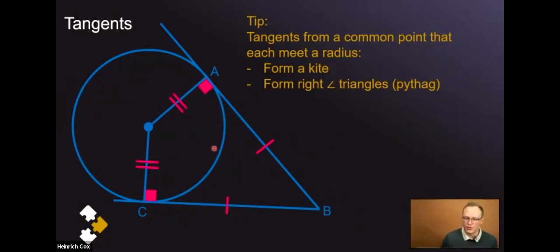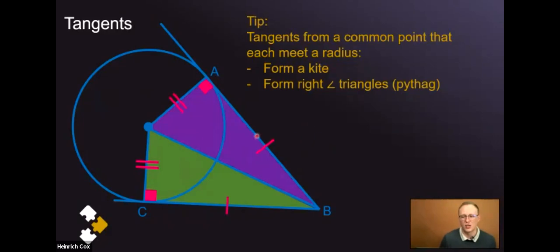And what's even more interesting is because of the radius meeting the tangent perpendicularly, that kite has right angles. And that means that if you separate the kite into two sides, you form two right-angled triangles like that. And when you've got right-angled triangles, there's often the opportunity to use Pythagoras, right?